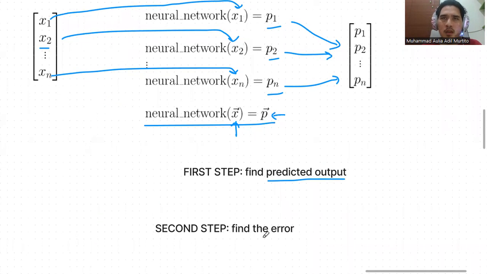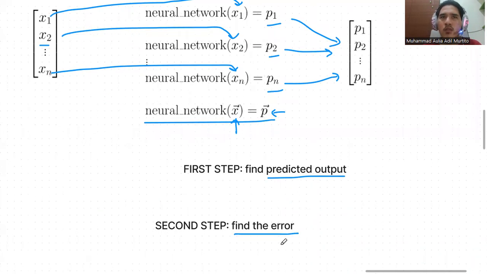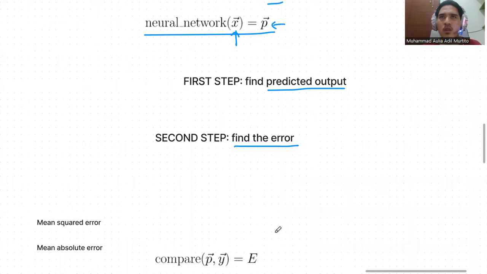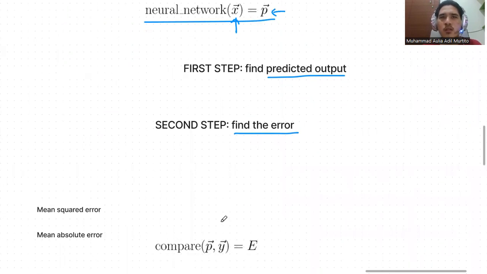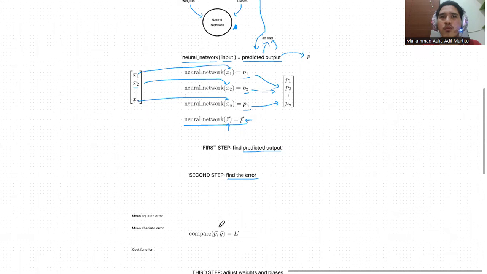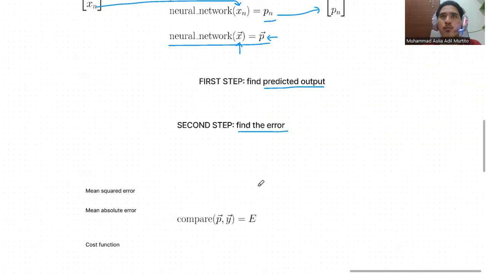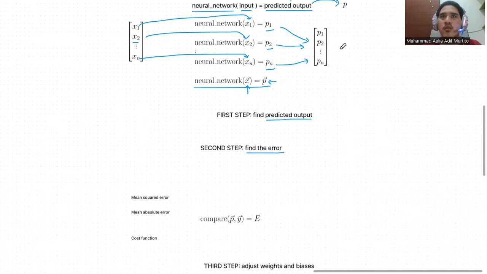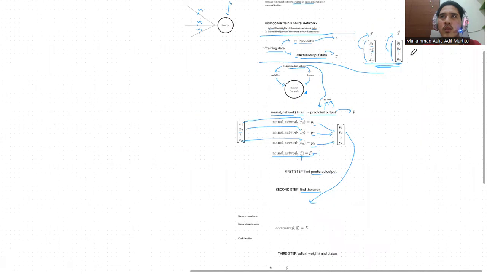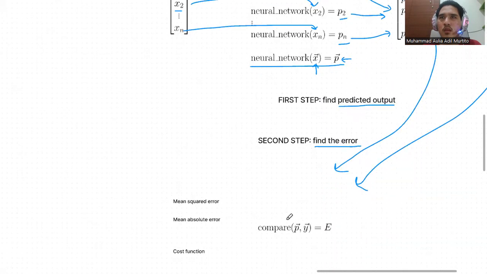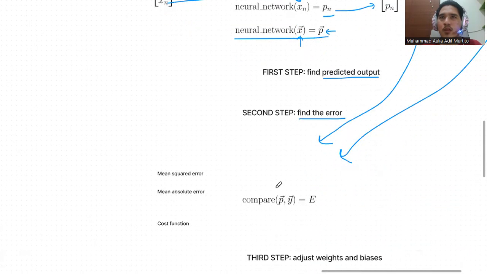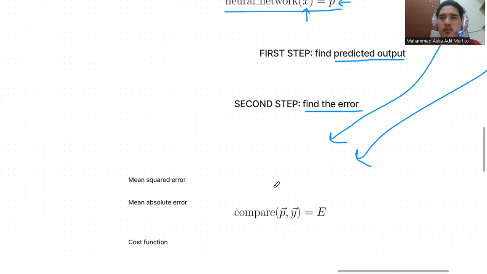Now as for the second step, we have to find the error. What does it mean? Well, first off, we take the vector P to the second step, along with the actual output data, or vector y. And then we compare both of them.